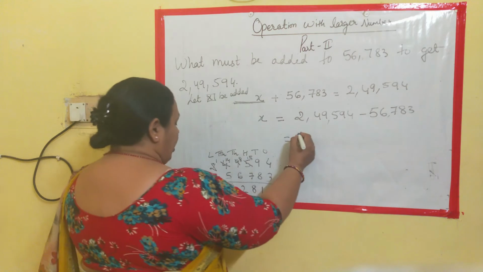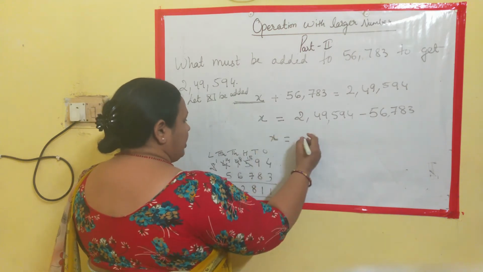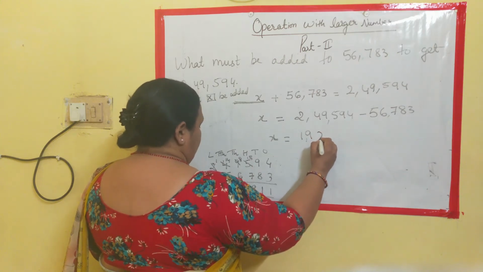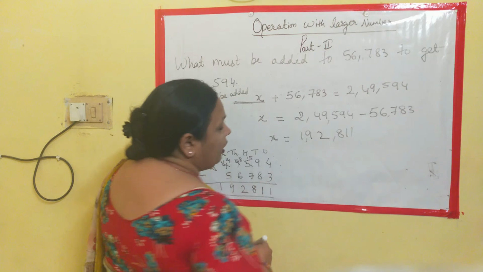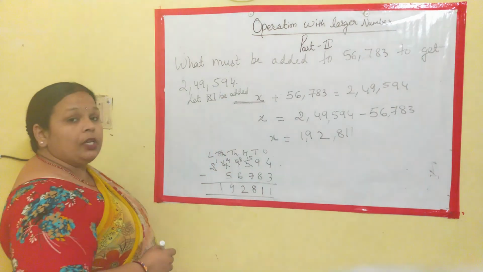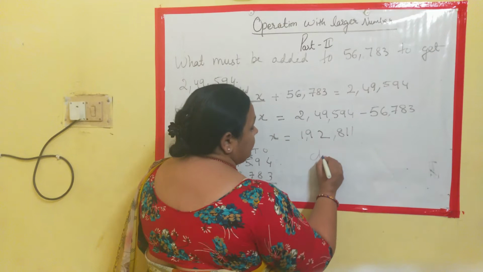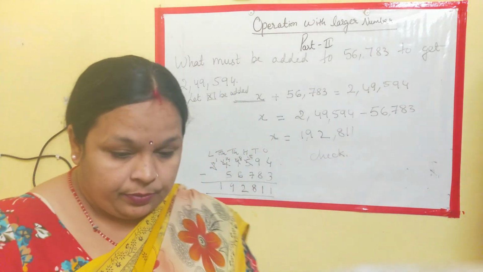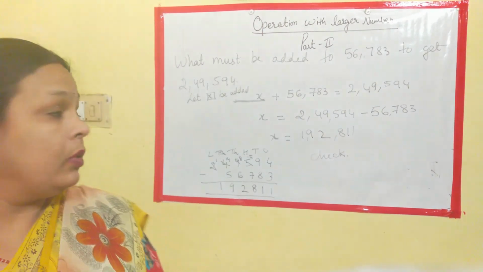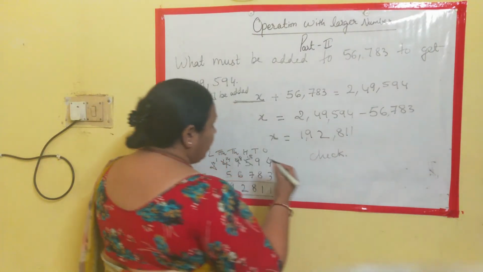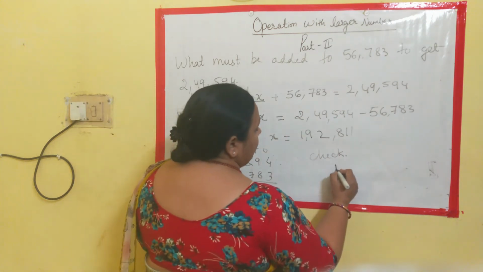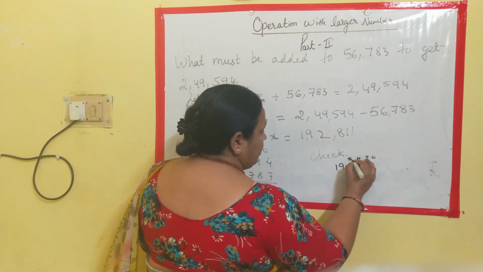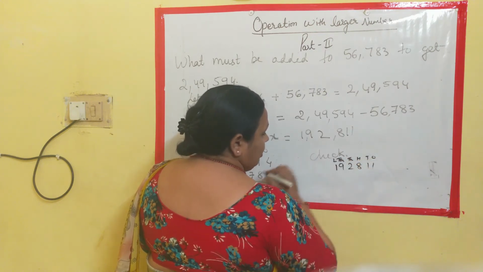So the value of x we got is 1,92,811. Now we will check our answer. To check our answer, x is 1,92,811, ones, tens, hundreds, thousand, 10,000 and lakh.